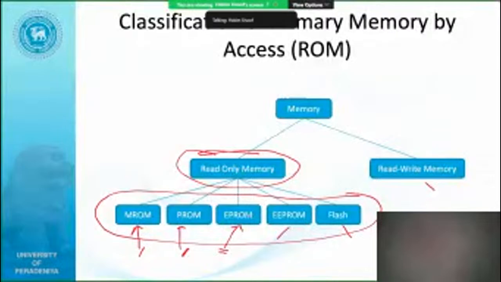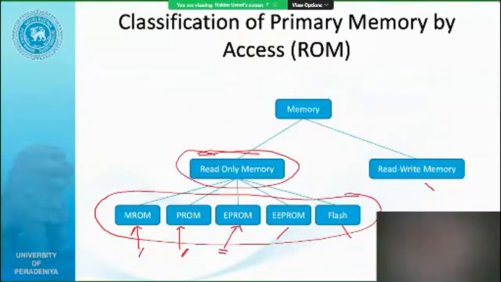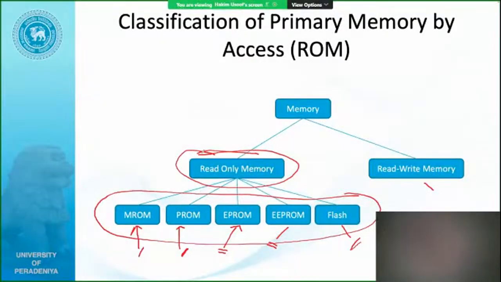To erase, you use some ultraviolet light, right? This is electronically erasable and programmable, and this is typically your pen drive kind of thing. The program to start up the computer is typically stored in a memory.